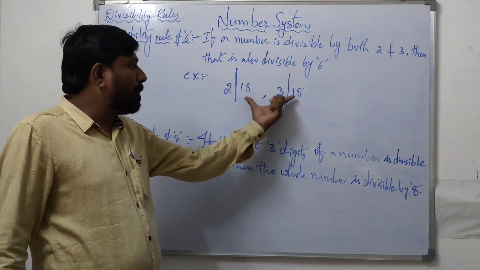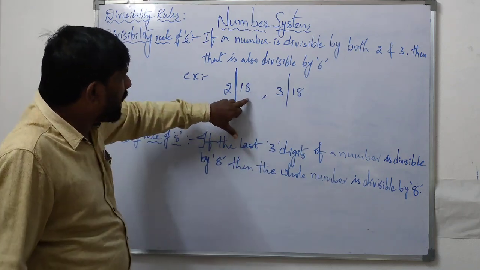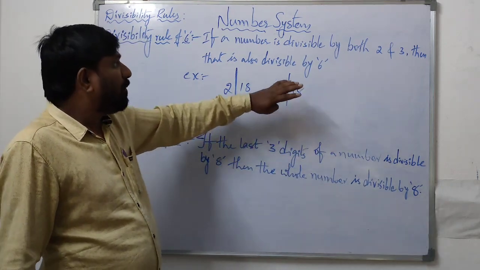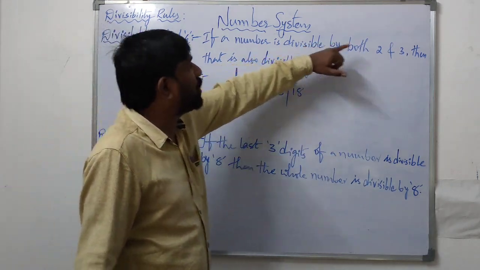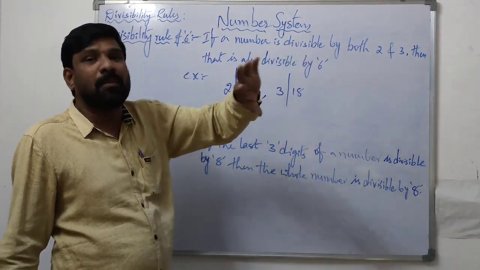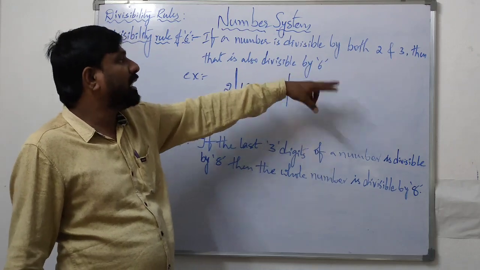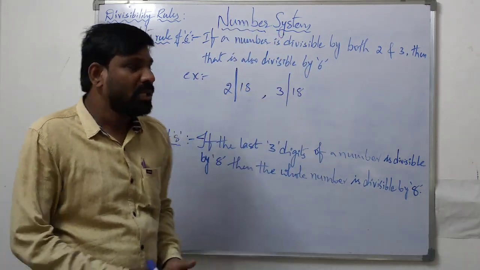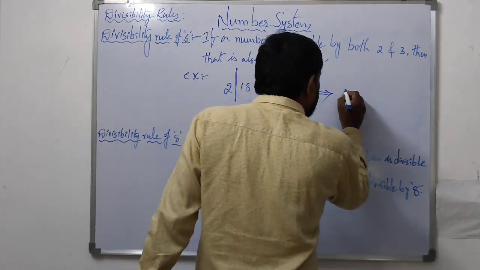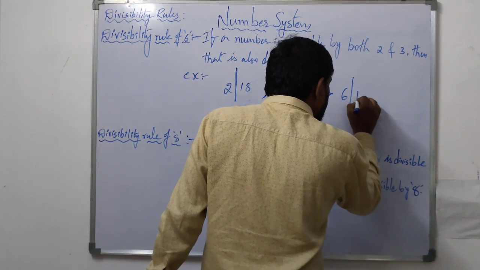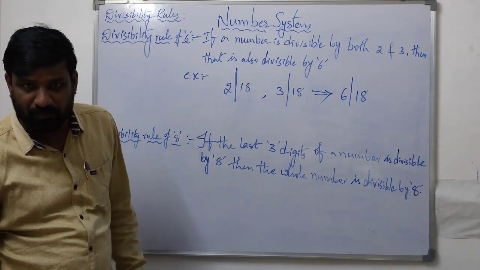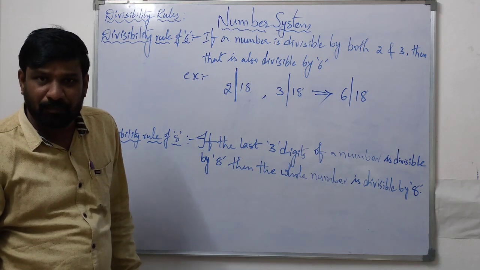Means number 18 satisfies divisibility rules 2 and 3. As per the definition of divisibility rule 6, if any number satisfies the rules of 2 and 3, then it is also divisible by 6. So immediately we can say that 6 divides 18, or 18 is divisible by 6. Is it clear to everybody?